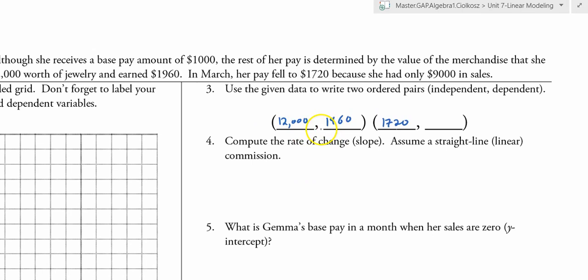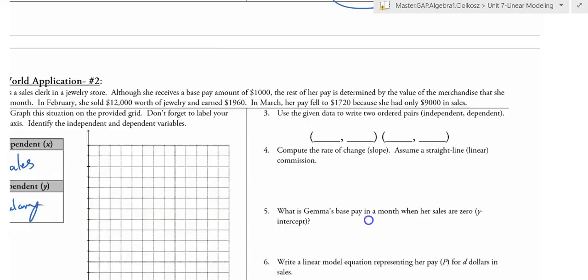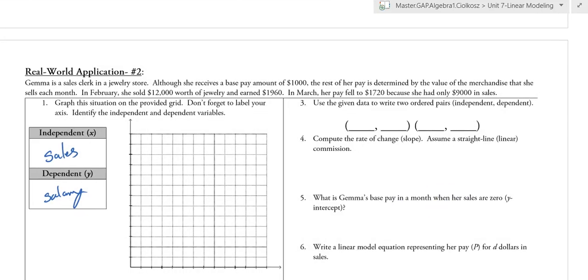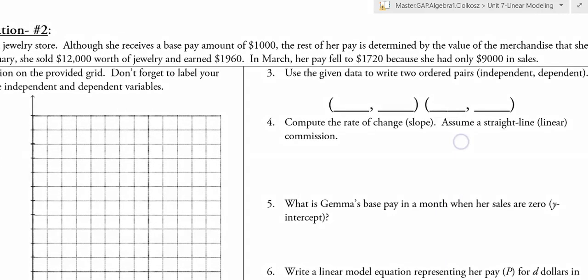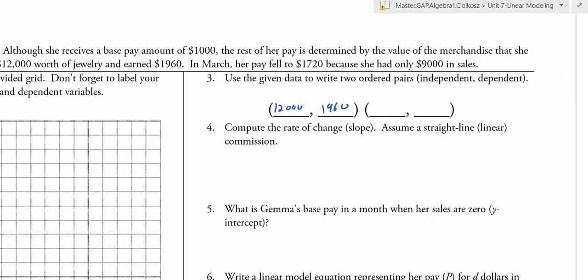Oops, wrote these backwards. So our earnings, let's go back to how we define this. Our independent is how much we're selling. So that first one was good, 12,000, and we earned 1960. Here we got to make sure, so it said we sold 9,000 and earned 1720. So just pay attention to the order you define your variables. Finding your slope.